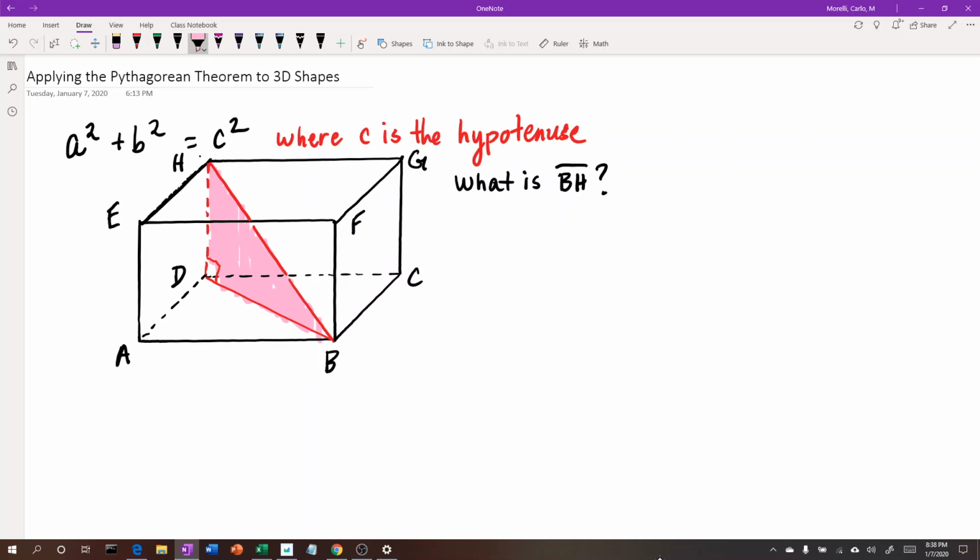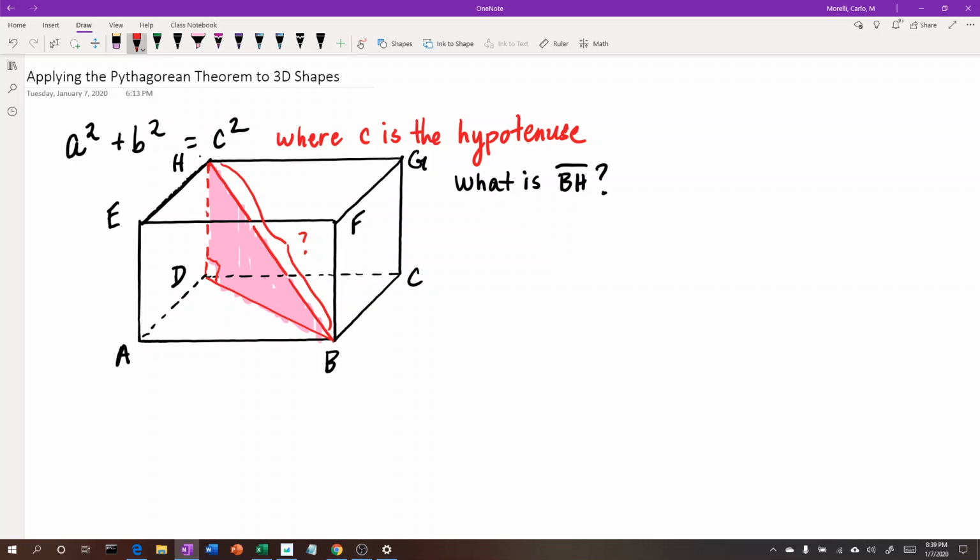Okay, and so the question is, how do we find this distance right here? I want to know this distance right here. That's distance BH. Well, here's an idea. What we need in order to find that hypotenuse length right there is the length of BD and the length of DH, and then we could find it using the Pythagorean theorem.